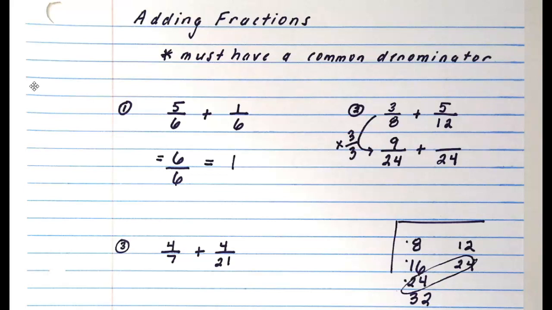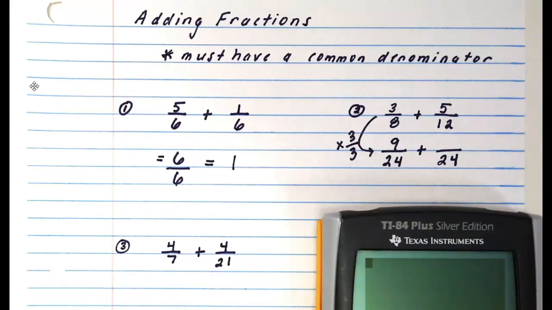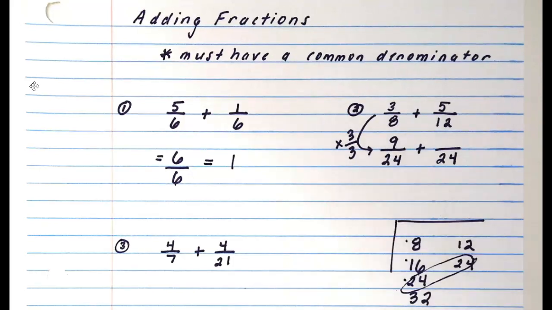Okay, if you don't believe me, let's take a look. 3/8 is 3 divided by 8. And 9/24 is 9 divided by 24. Do you see how both of them get 0.375? Alright, so we adjusted the first fraction. Now we need to do that to the second fraction.